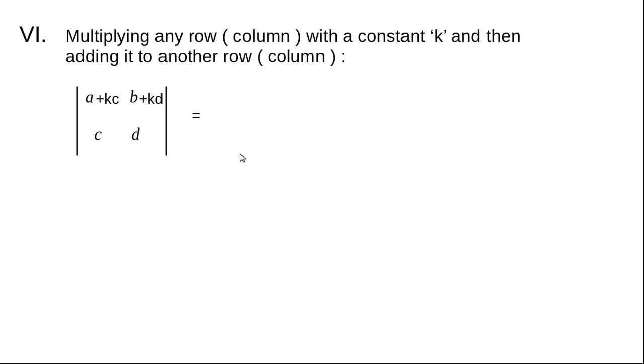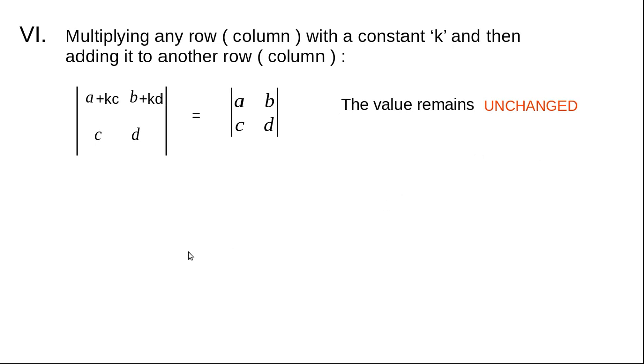The original determinant was this, and this would be equal to that original determinant. That means we first multiply k with the second row and then add them up with the first row. This gives no change in the value of the determinant. So the value remains unchanged here.